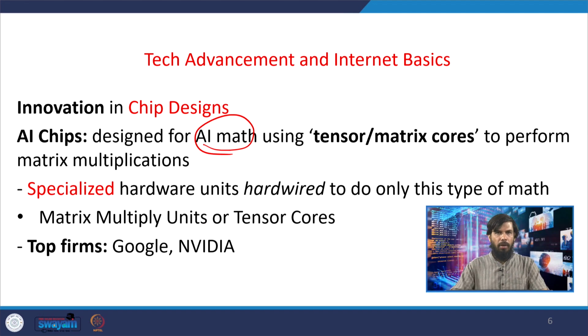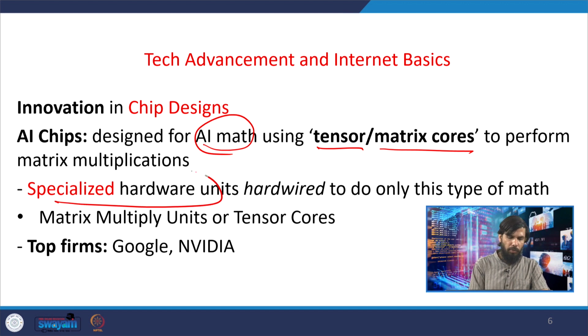At the bottom level, it is lots of matrix multiplication happening. So when that is the main math in AI, why not have tensor or matrix cores specially designed, or hardwired, to do this kind of math.